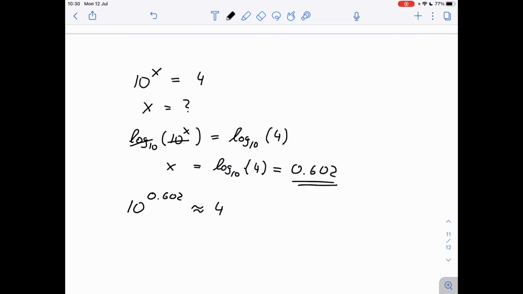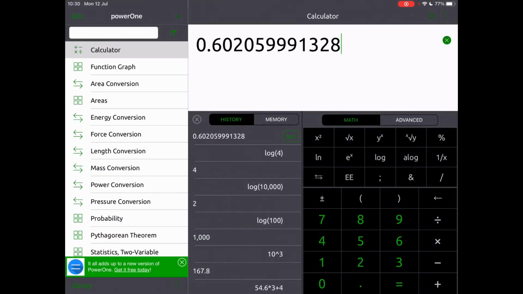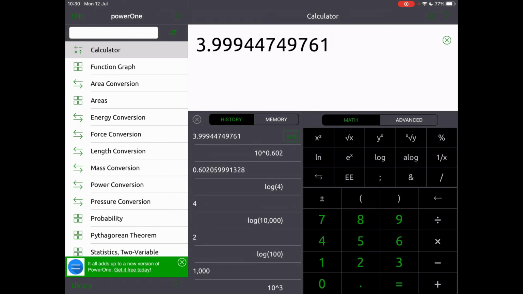And again, we can try and see if this is correct. So let's go to our calculator, and what we do is we say 10 to the power of 0.602. Let's see if we get close to 4: 3.9994. So yes, we are pretty close.